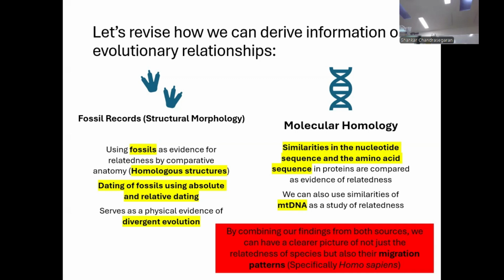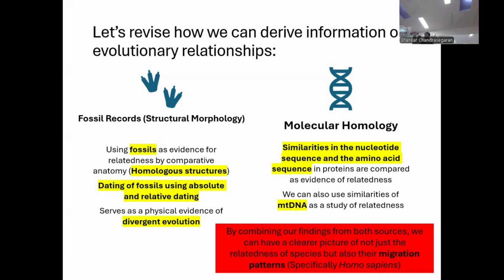Another way we can derive information about this is by dating the fossils themselves and finding out how old they are. This is a very useful technique because by dating the fossils, be that relative dating or absolute dating, we can get a sense of how old the fossil is.